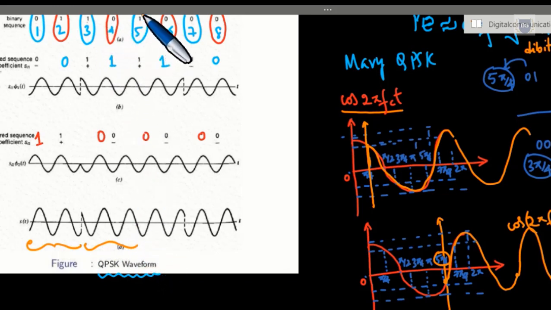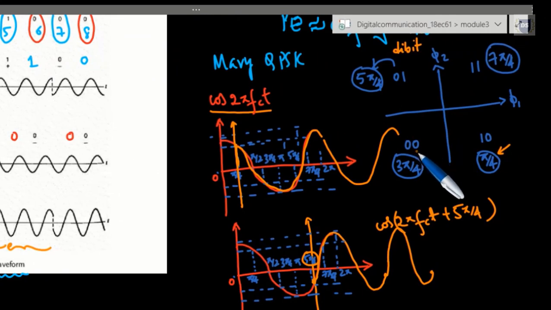And because our second diabit is also 1 0, for which we'll make use of again phase value pi by 4, this waveform looks to be continuous, and right after that diabit we are having next diabit as 0 0, and for 0 0 the phase angle involved is 3 pi by 4, that which starts at somewhere over here. So because of that, this last waveform is starting from here to here. So this is how we can draw QPSK waveform.